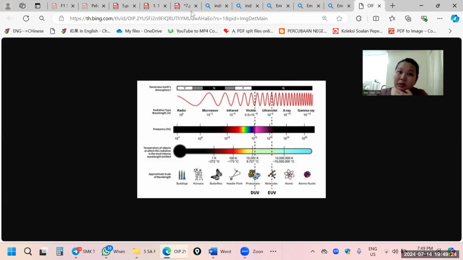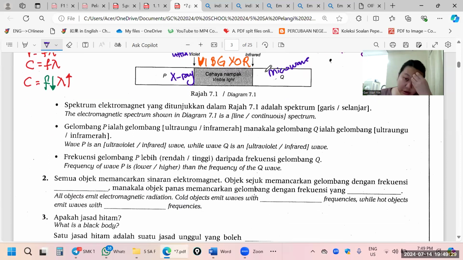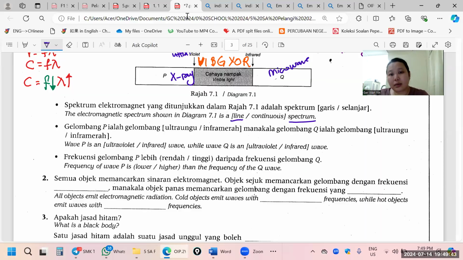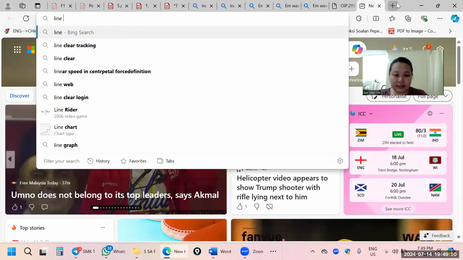Normally it's continuous, but when scientists did an experiment, they shone light on a metal, and the metal gives out light in a line spectrum. By the way, this is called a continuous spectrum. But this one gives lines here. How does a line spectrum look like?